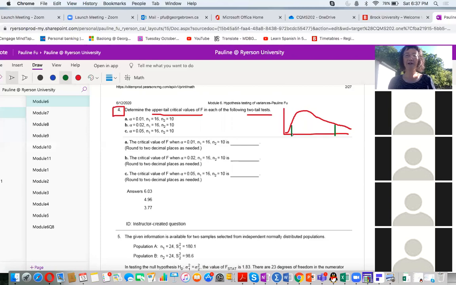And this critical value is the lower tail critical value. The question only asks you for this one, the upper tail critical value. And this is a two-tailed test. Okay, and for this one, we have to depend on our calculator, or you can use the F distribution table. So first let's do the calculator method.